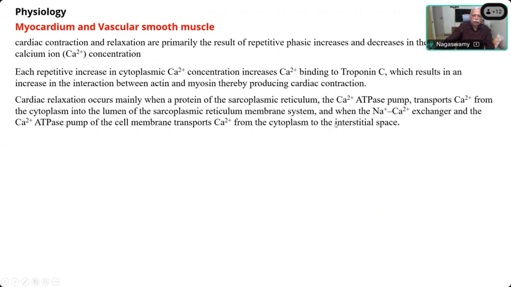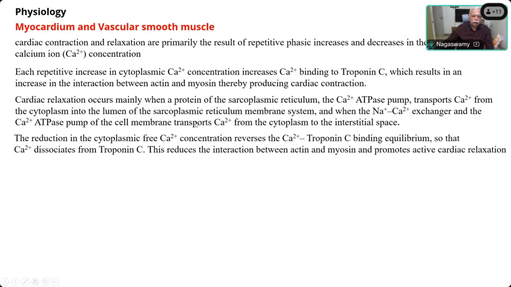Calcium is mainly an extracellular ion. It is not an intracellular ion. The cytoplasmic concentration is 1,000 times less than what is found in the extracellular fluid. So these pumps and exchangers all normally try to push the calcium out because it is not an intracellular ion.